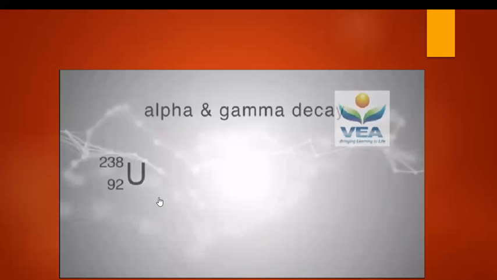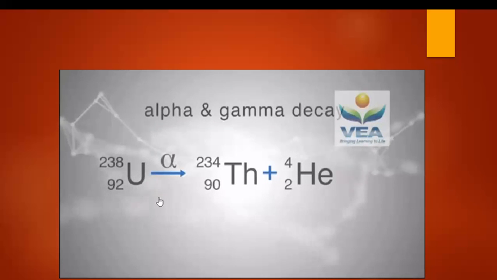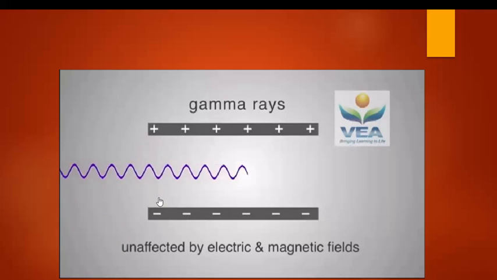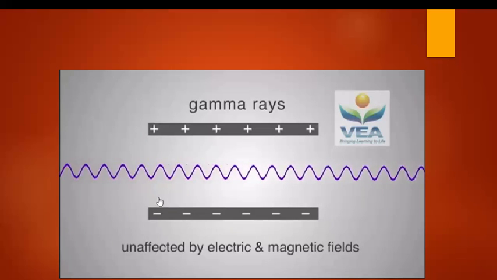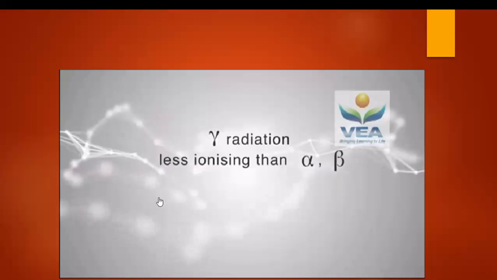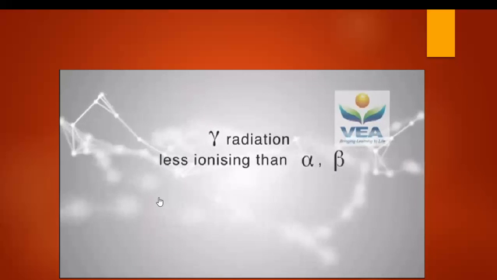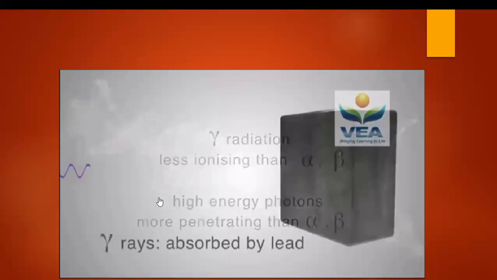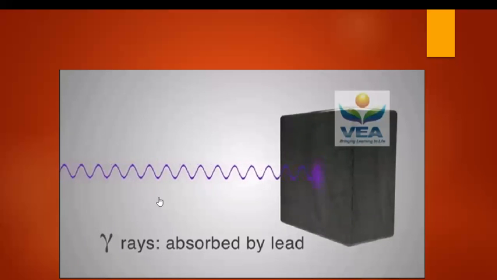For example, when a uranium-238 nucleus releases an alpha particle and decays to thorium-234, a gamma ray is also produced. Having no charge, gamma rays are unaffected by electric and magnetic fields. They have low ionizing power compared to alpha and beta particles, but being photons, or packets of electromagnetic energy, are the most highly penetrating of the nuclear radiations. Gamma rays are mostly, but not completely, absorbed by a lead shield several centimeters thick.